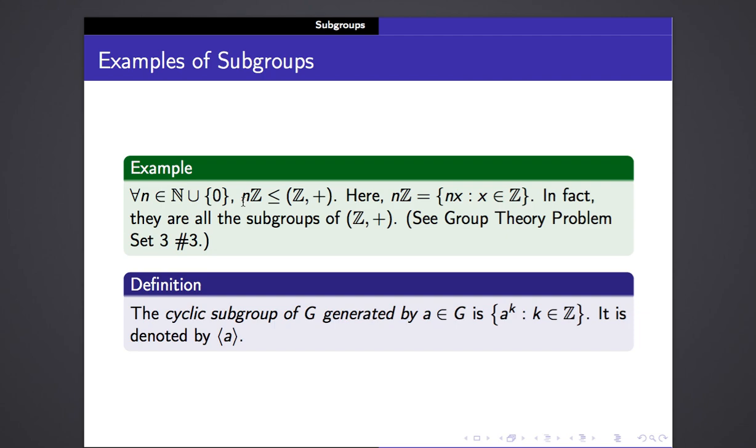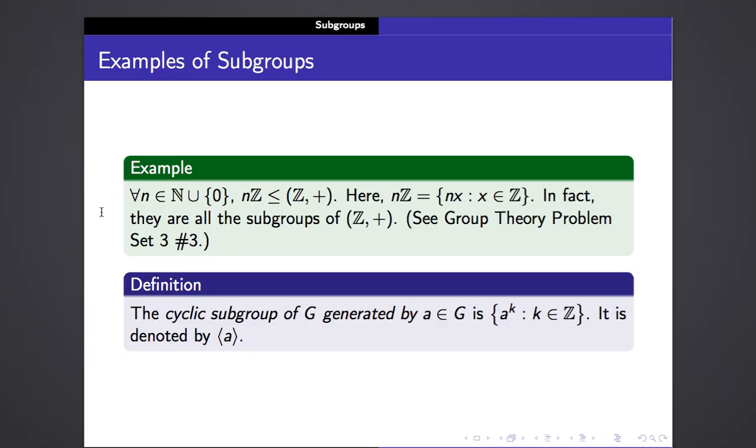Okay, you can easily check. It's a subgroup of Z, the set of all integers with addition. Here nZ is again as we defined before, a collection of all numbers n times x, where x is an integer.